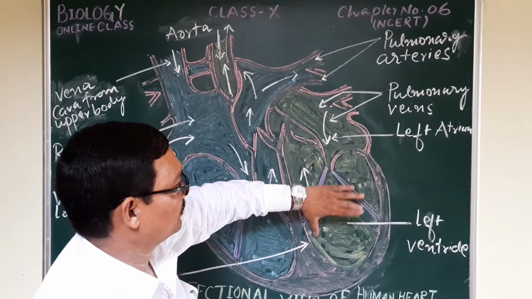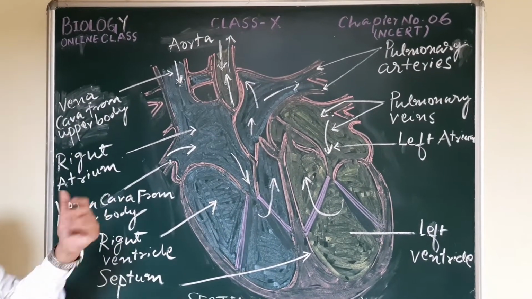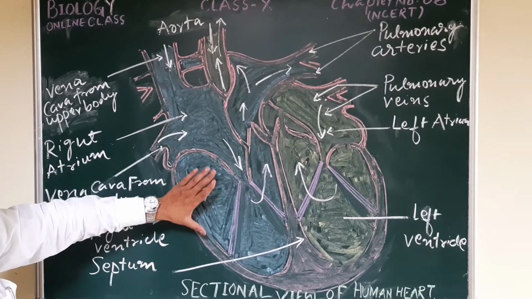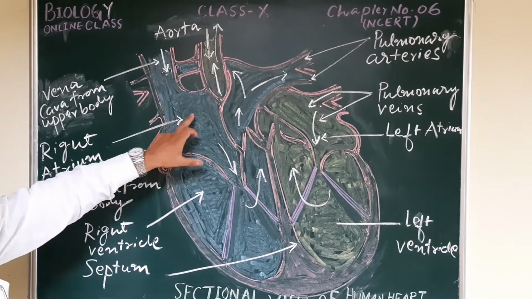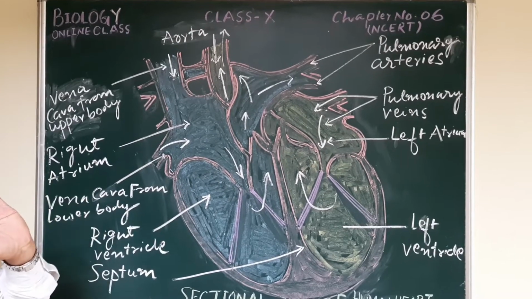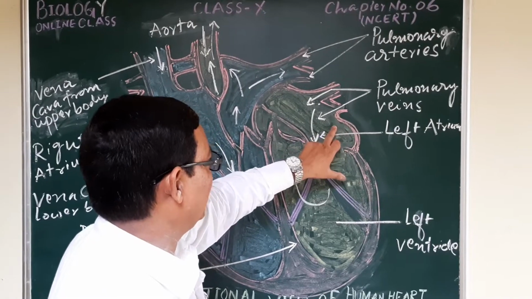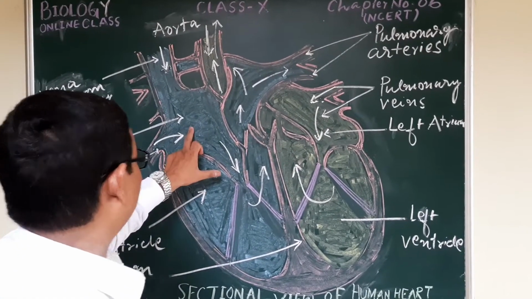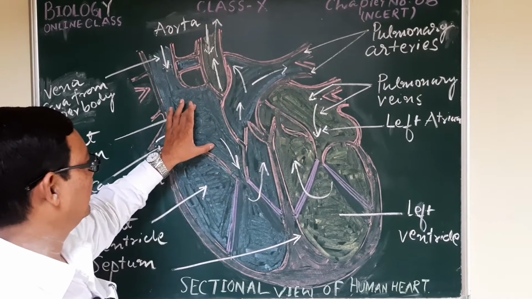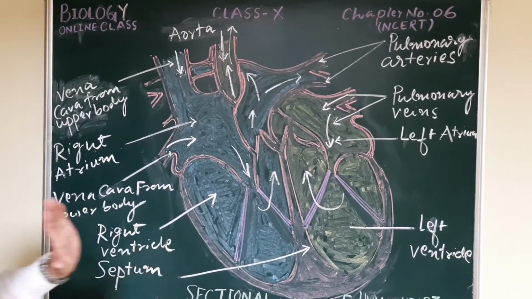Now this side, the right atrium and the right ventricle. The upper two chambers are the right auricle and the left auricle, and the lower two chambers are the left ventricle and the right ventricle.